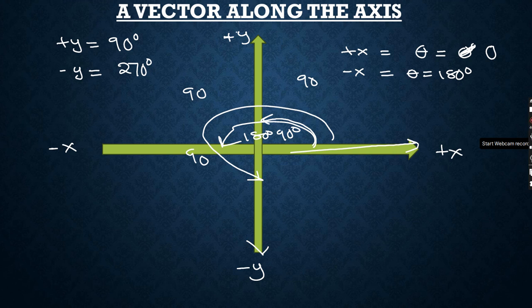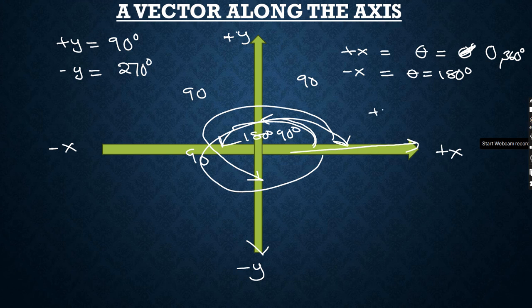So again, about the positive x direction, you can write 0, and also you can write 360. It is one and the same if we move in the clockwise direction, because we will move from here all the way to our positive x direction, and this is one revolution, which is 360.